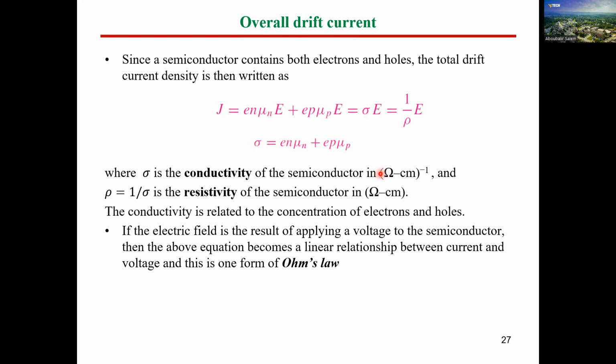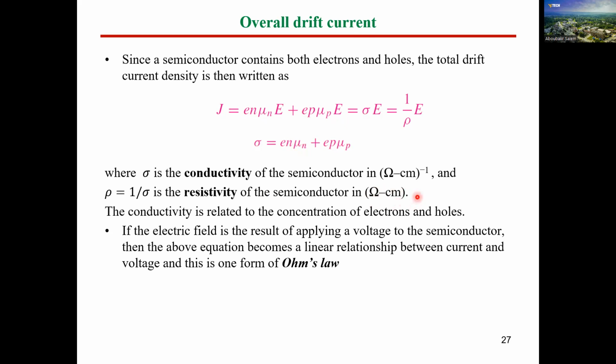The opposite of conductivity, as you know from electrical circuits, is called resistivity. So the resistivity is 1 over conductivity, and it is measured in ohm centimeter. This is the resistivity of a semiconductor material.